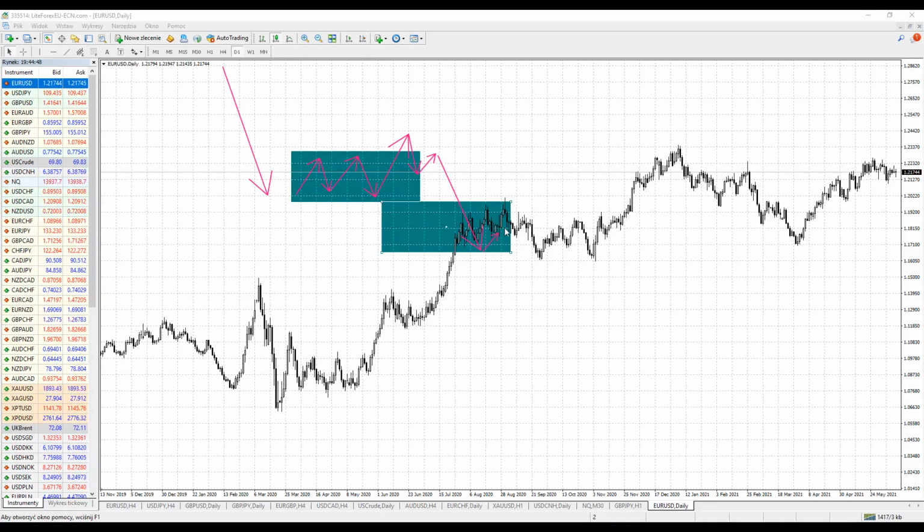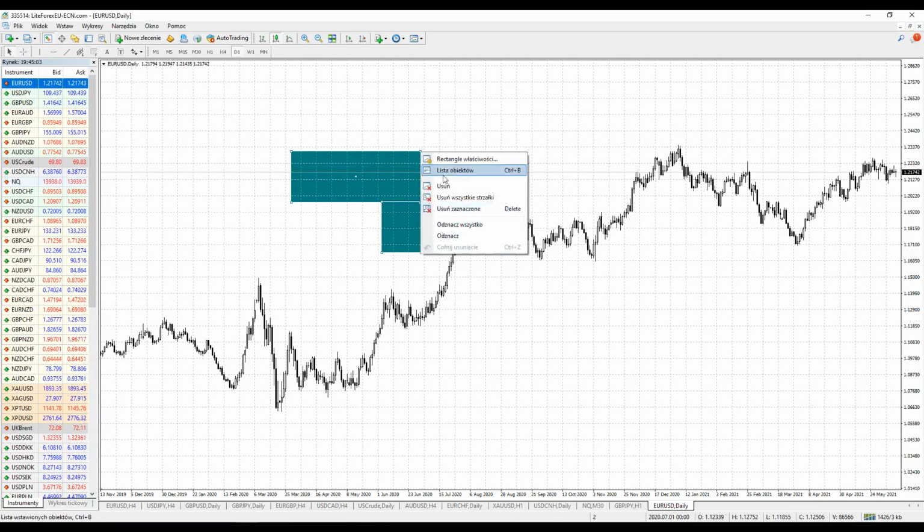You may want to wait for 50% of that, you may want to wait for the retest as a conservative trader and then try to follow the trend. So that's when it comes to the rectangles, right?